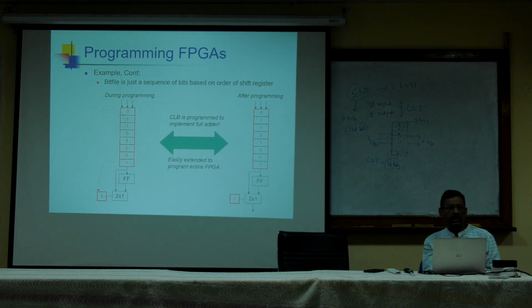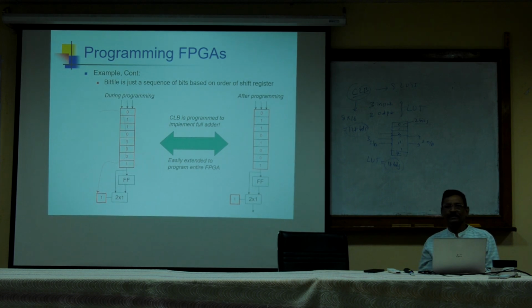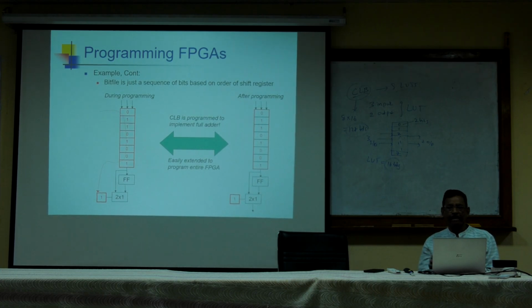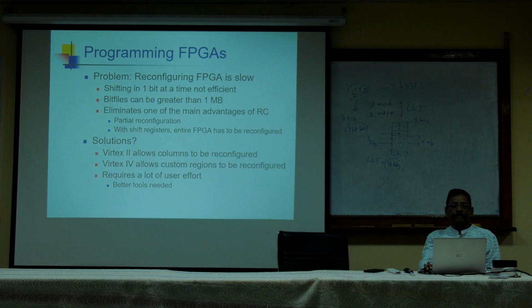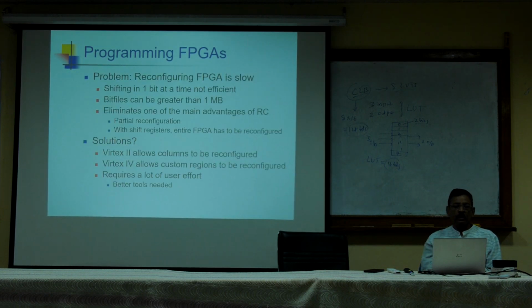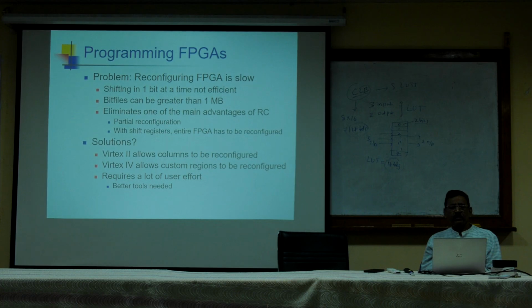This is a very simple circuit shown, but the entire FPGA is also programmed in this fashion only. Reconfiguring an FPGA is slow. Shifting 1 bit at a time is not efficient.